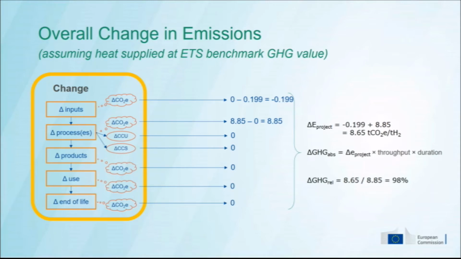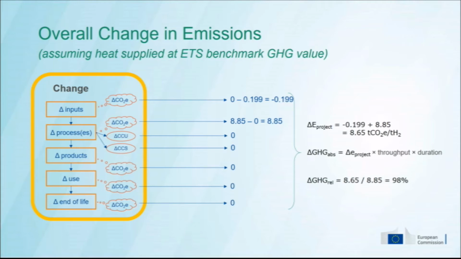Now, we've done that. We've looked at the processes, we've looked at the inputs. So what is the overall change in emissions? Again, we're simply using the previous figures. So the delta emissions for the project are the difference between the two figures that we just had, which comes to, if you look at the right of the screen, 0.865 tons of CO2 equivalent per ton of hydrogen.